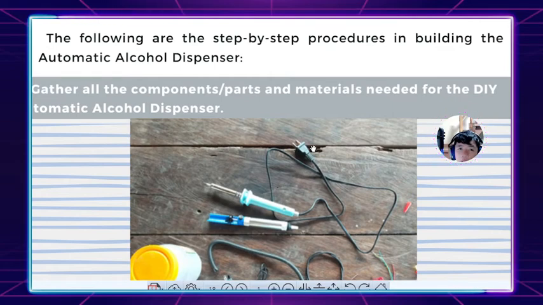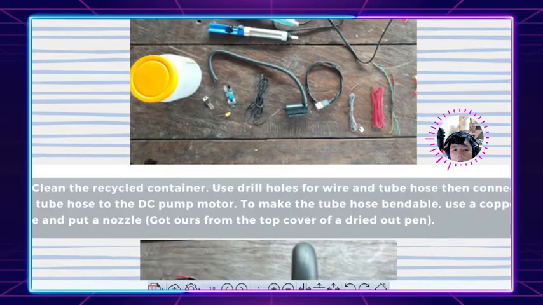Did you consider first the electronics, the hardware part, or did you start working with the enclosure? So tell us the details on the procedures on how you were able to build the project. Based on this sample, the group gathered all the components first for the dispenser.